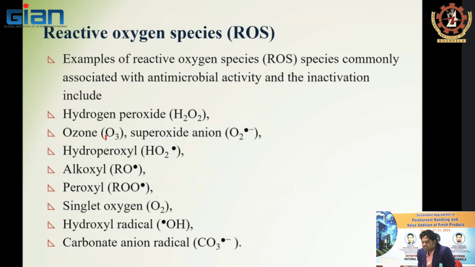It has hydrogen peroxide and ozone, hydroperoxyl, peroxyl and singlet oxygen, hydroxyl radicals, carbonate anion radicals. So these are some of the reactive species which can be used for inactivation of microorganisms.